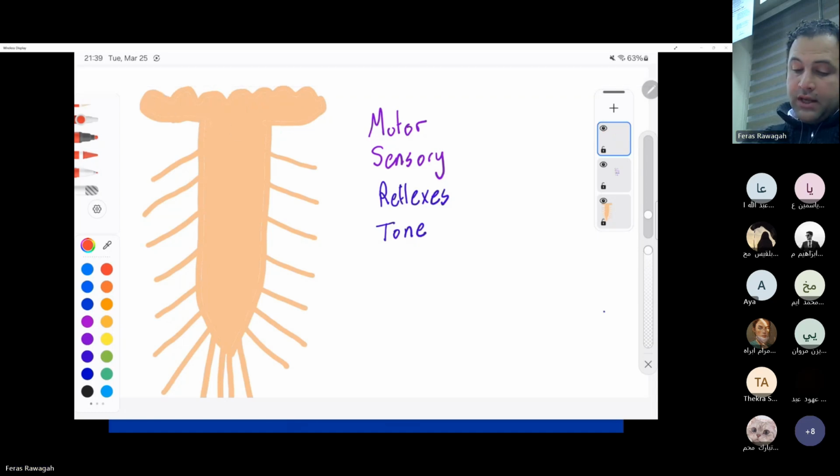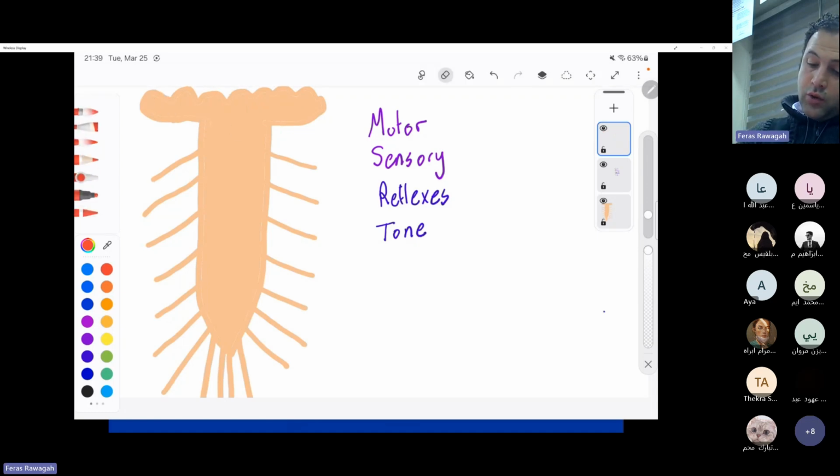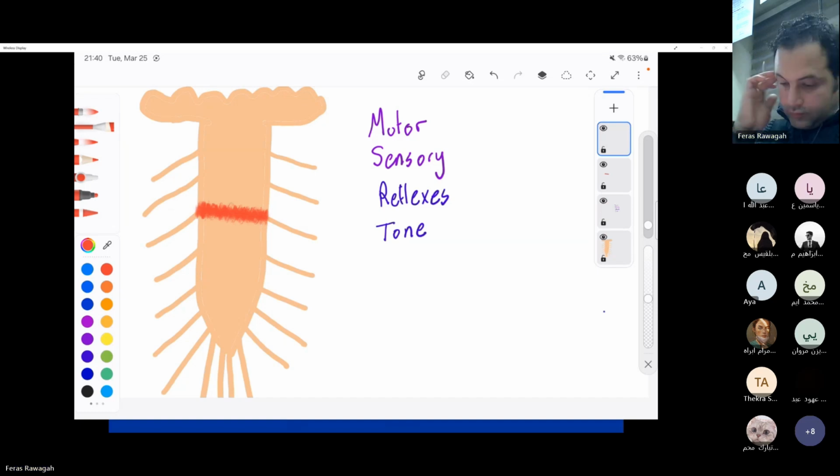So, here comes the next question. What happens if the spinal cord gets injured at this level, for example? What happens? Now, the first question is, what will happen with the function of the segment itself? As you know, the spinal cord is divided into segments.